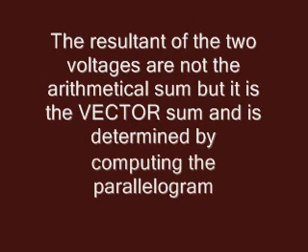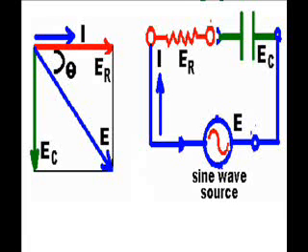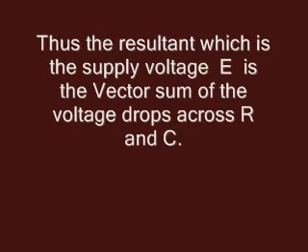The resultant of the two voltages is not the arithmetical sum, but the vector sum, and is determined by completing the parallelogram. Thus, the resultant, which is the supply voltage E, is the vector sum of the voltage drops across the resistance and capacitance.